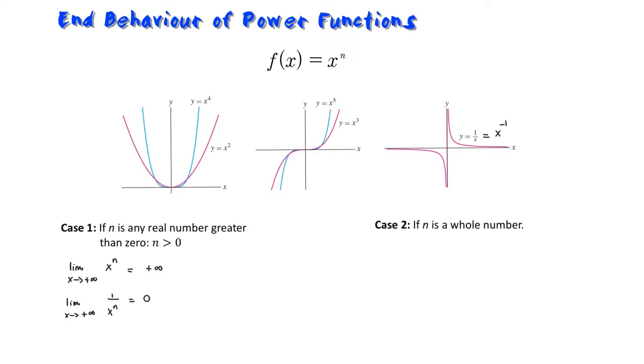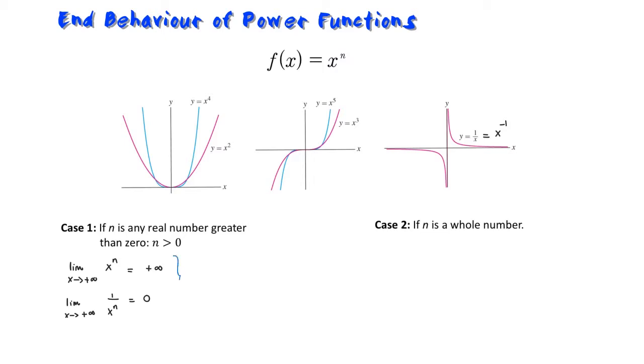And I'm hoping that you can see that nicely. As x is getting very, very large positively, x^n is getting very, very large. So then that means that 1 over x^n is going to get very, very small. So it's going to become 0.